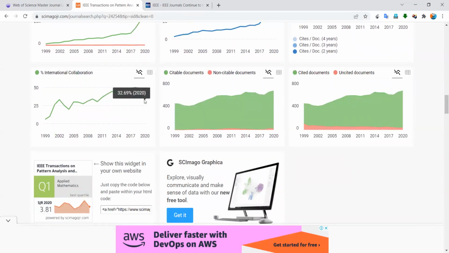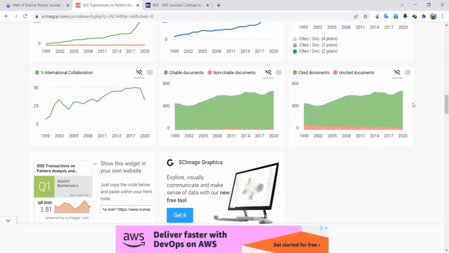Okay, so coming down here is the international collaboration, and it is going down, a very sharp decrease in 2020. Now the non-citable documents are almost nil, but somewhere they are present, and in 2020 these are 20, might be due to some ethical guidelines violation or something like that. Then the number of uncited documents you can see are very less, 36 only. However, 607 documents are cited in 2020 only.